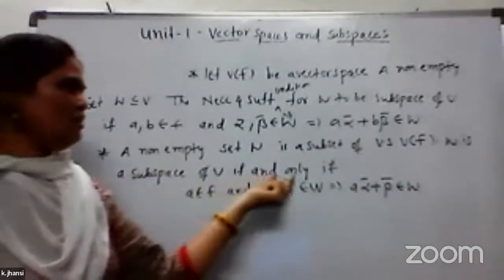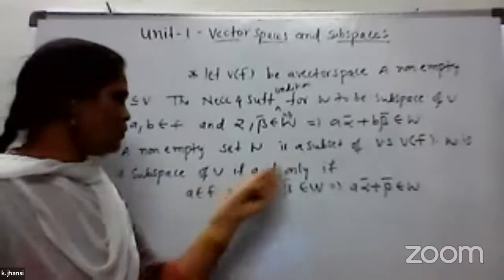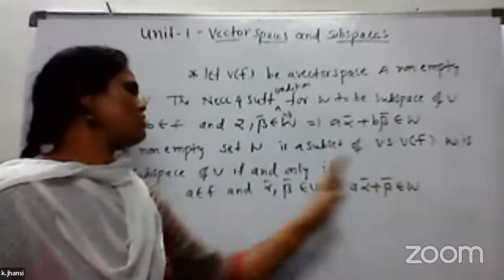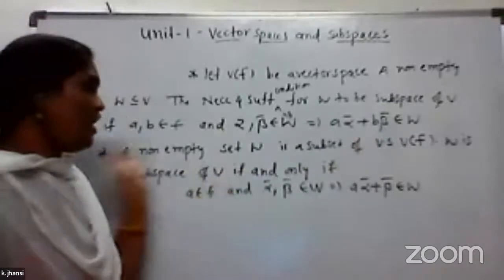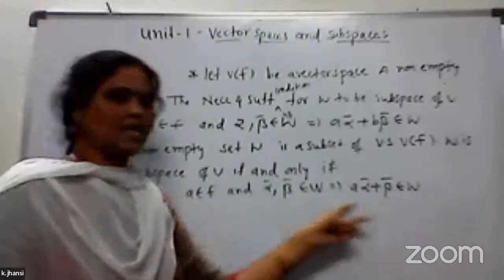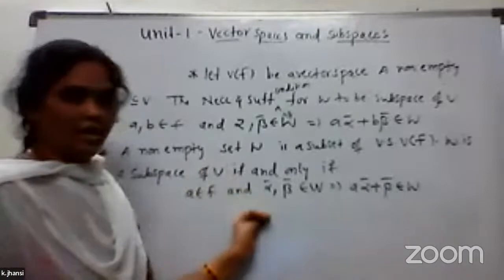Here if and only if is there, no, that means you have to prove both directions, and W is a subspace of V when this condition is satisfied. Okay, this is the third condition.